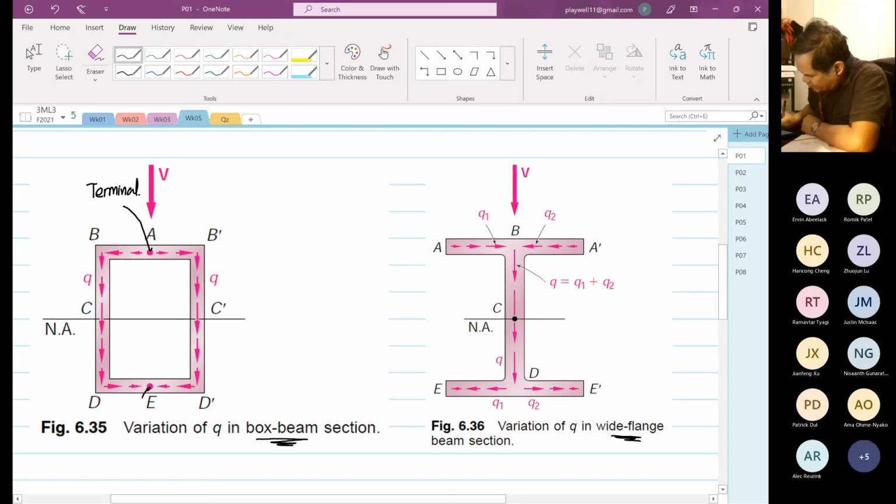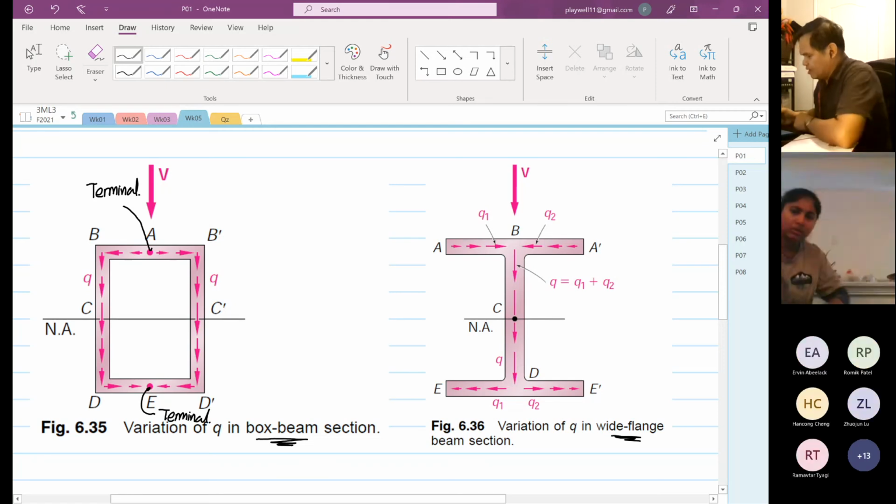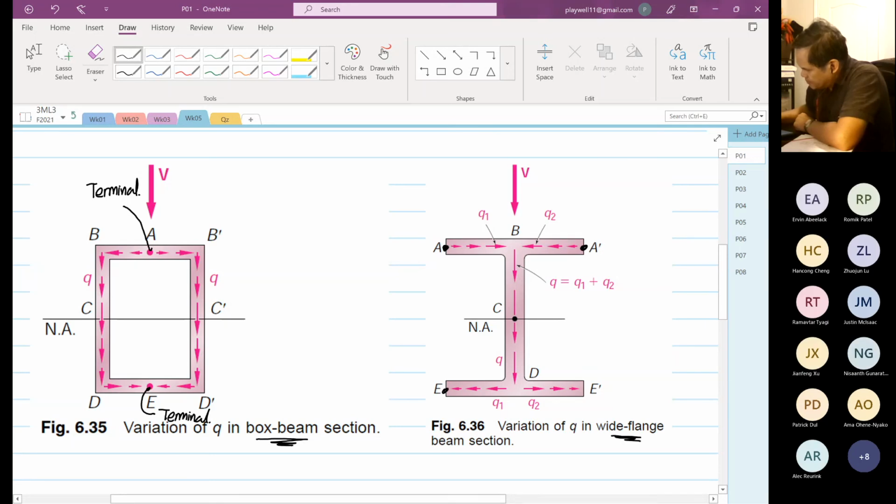When the shear flows come together, this is also a terminal. So that's for the box beam. For the wide flange, the terminals are over here. The dotted regions are known as your terminals.